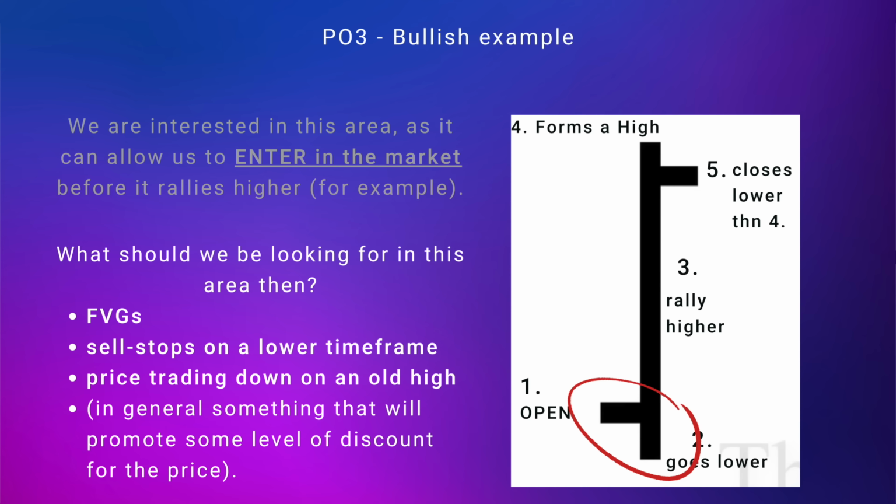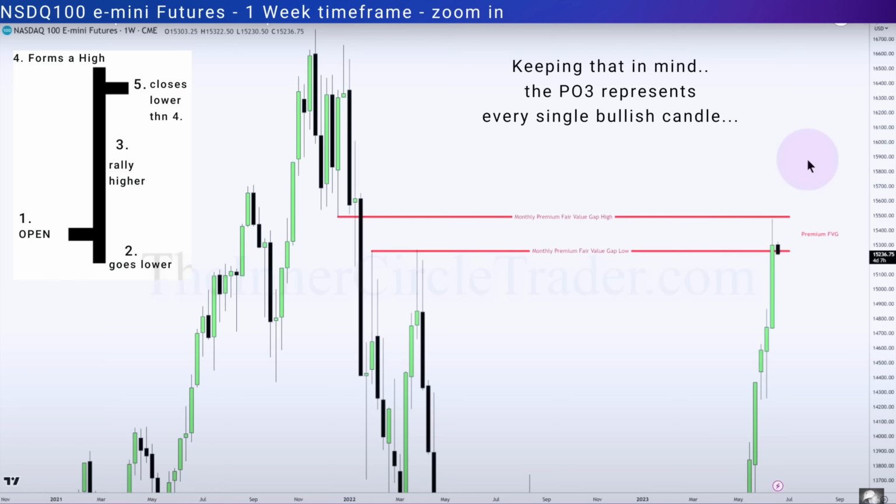Let me show you now the power of three on a concrete example in the markets. So here we are on the Nasdaq 100 E-mini futures on the 1 week time frame, and we have zoomed in. On the left side, I put a little square with the power of three as we have seen it before. Keep in mind that the power of three represents every single bullish candle.